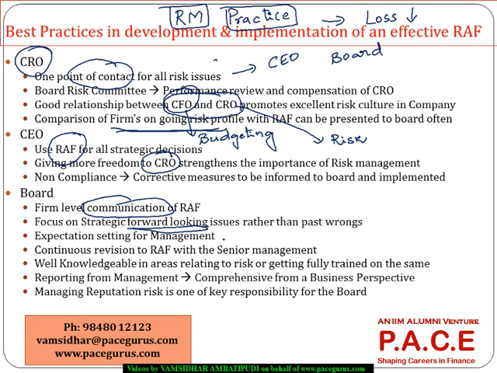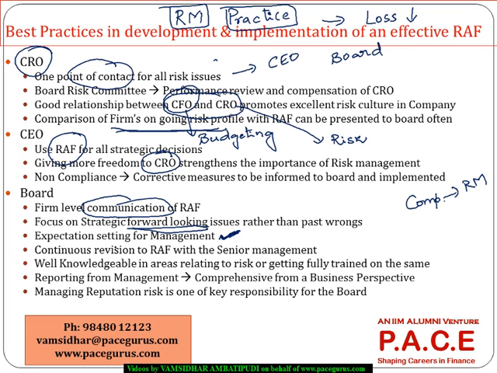And even that will help them to set proper expectations for the management for the next financial year, probably saying the compensation may not be directly linked to profits, but may be linked to more and more effective risk management. These kinds of expectation settings become quite effective if the board takes that kind of responsibility.